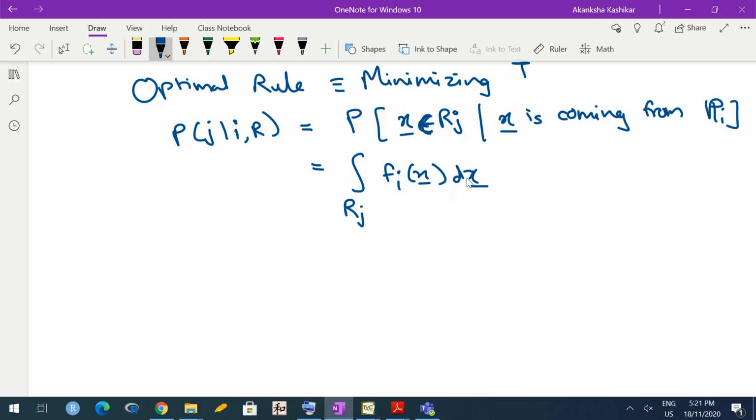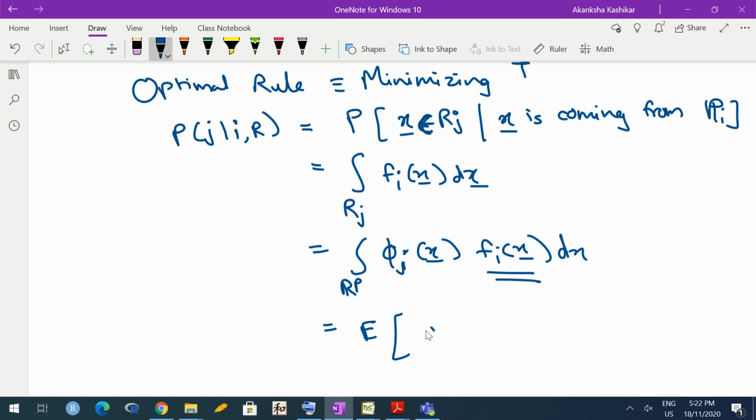Is it okay? Correct? Now this same thing, an integral over a certain set, can be written as the integral of the indicator of that set. So the indicator of that set is phi j. So integral of phi j(x) fi(x) dx over the entire R^p, right? This we have done many times in probability theory or distribution theory, that an integral over a certain set is the same as the integral over the entire space with the indicator for that set. Okay, so this is now an integral over the entire space with respect to the PDF.